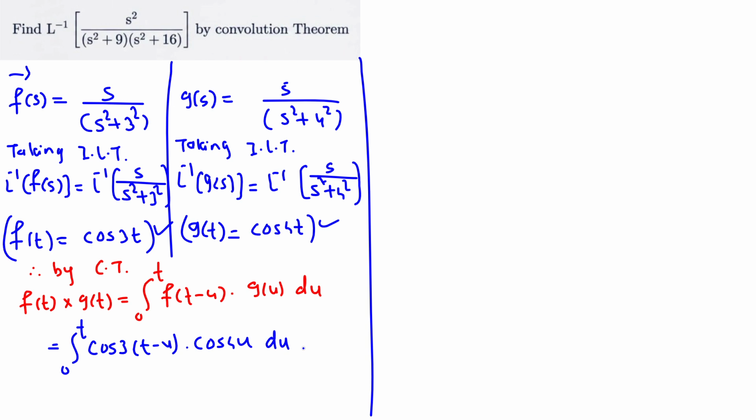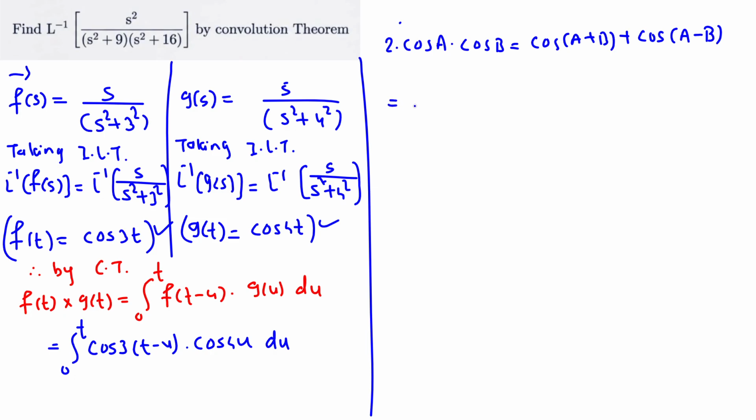Now here you can't directly integrate this term, so for that you have to use this formula. The formula is 2 cos a into cos b is equal to cos(a plus b) plus cos(a minus b). You have to use this trigonometry formula.